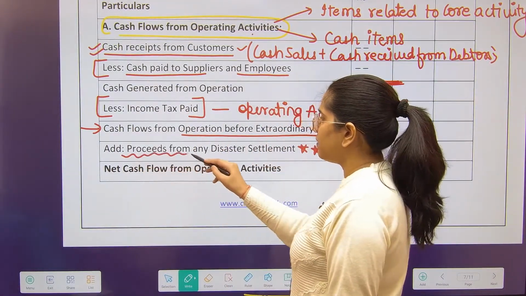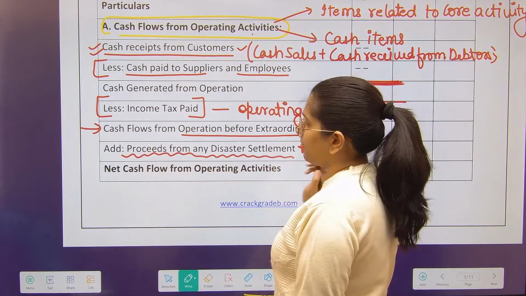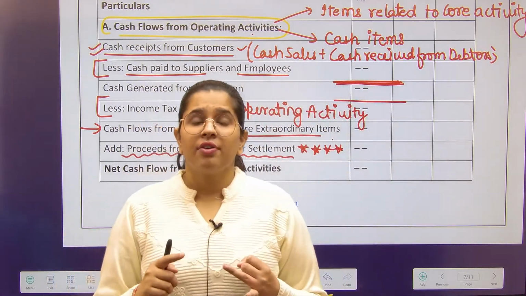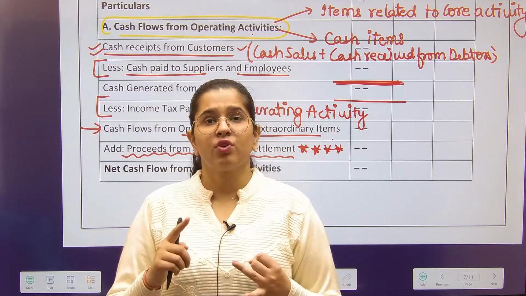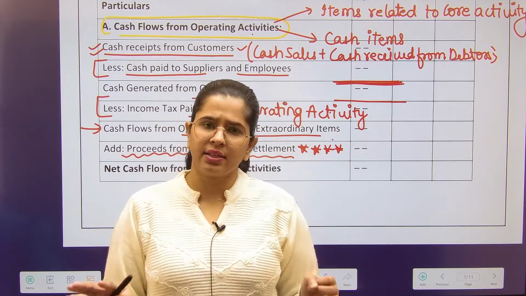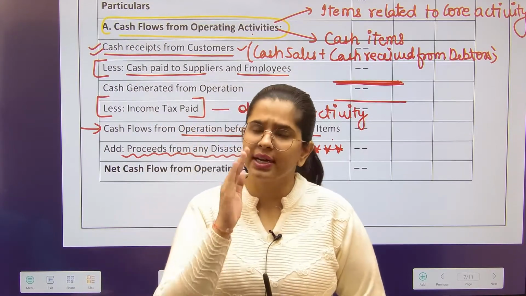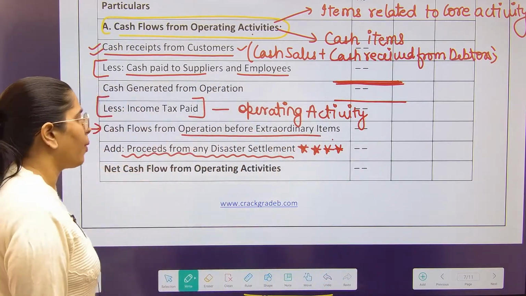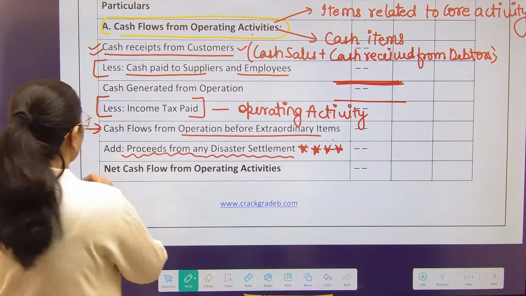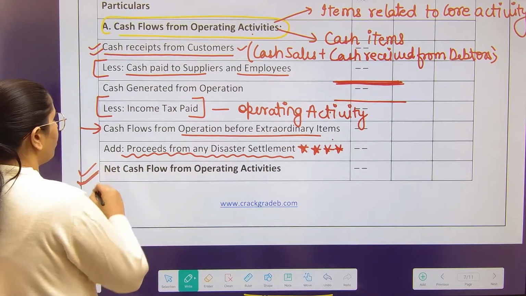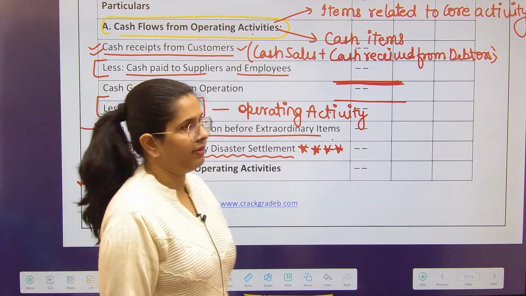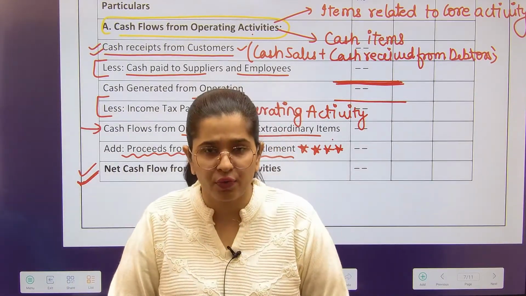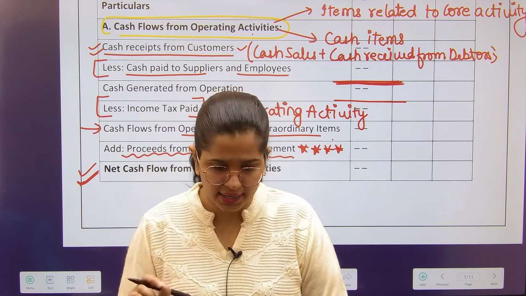Such proceeds, like disaster settlement proceeds you have received, or if there was a fire in your factory and you received compensation for it, or any other compensation related to your business, you will classify here under cash flow from operating activity. So this will give you your net cash flow from operating activity. This is what we call the direct method of cash flow calculation for operating activity.